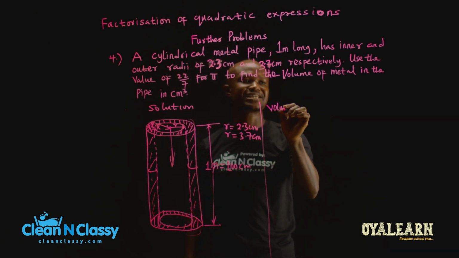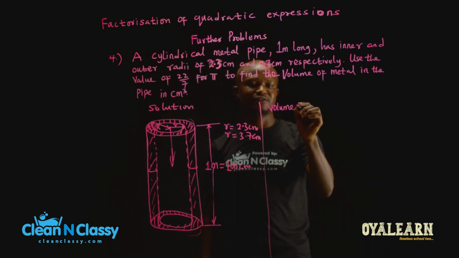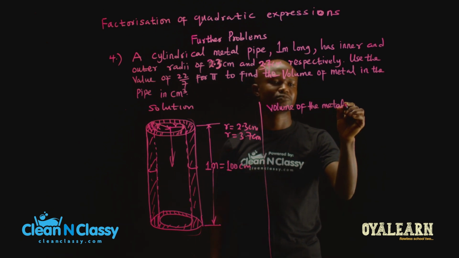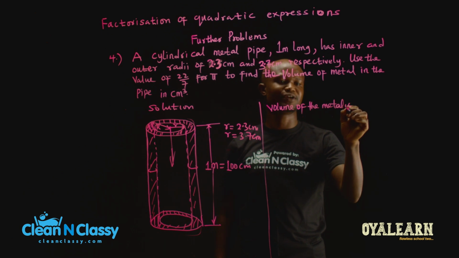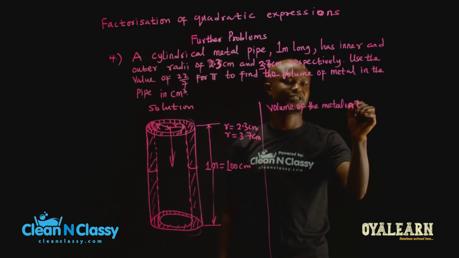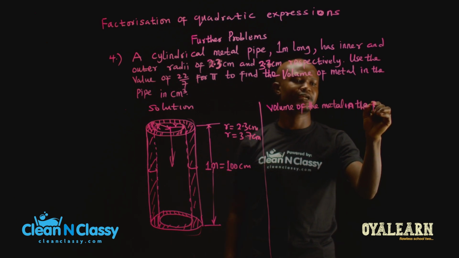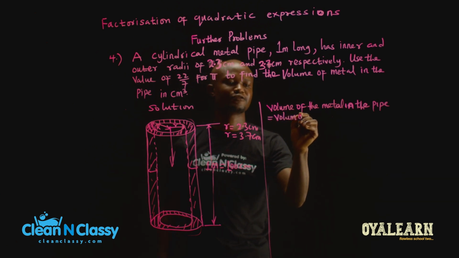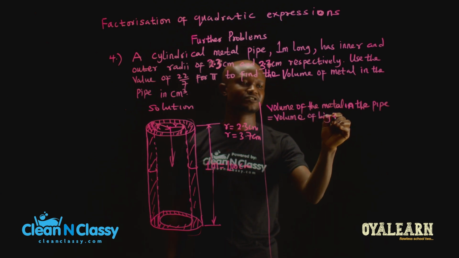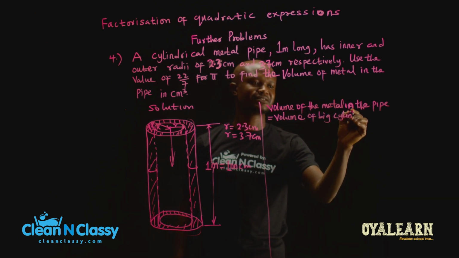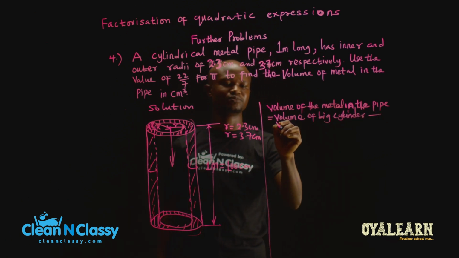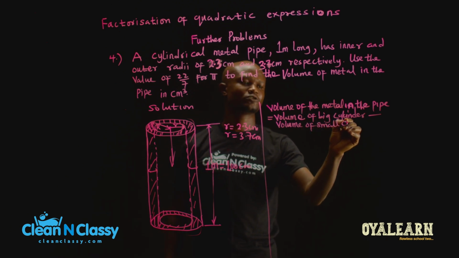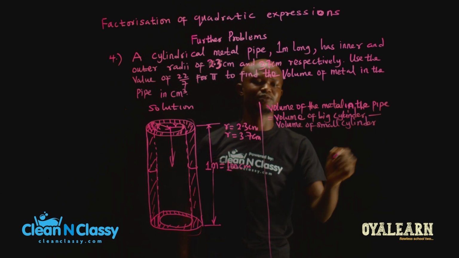So volume of the metal in the pipe will be the volume of big cylinder minus volume of small cylinder.